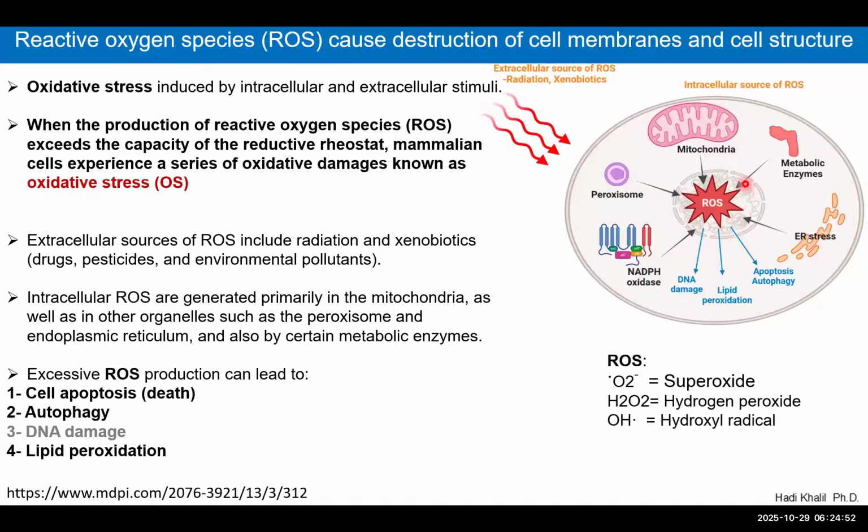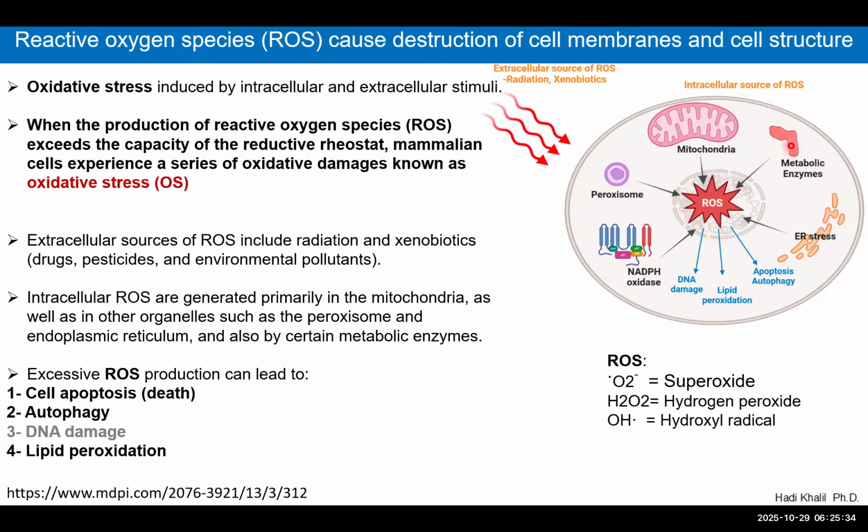As I said, there are always reactive oxygen species being generated, and some of them in fact play a role in keeping the cell in a homeostatic physiological state. Now, when the levels of reactive oxygen species become so high, that's when they become damaging agents and disease-causing agents. So peroxisomes generate reactive oxygen species. Mitochondria, we described this extensively in the electron transport chain, how it generates reactive oxygen species.